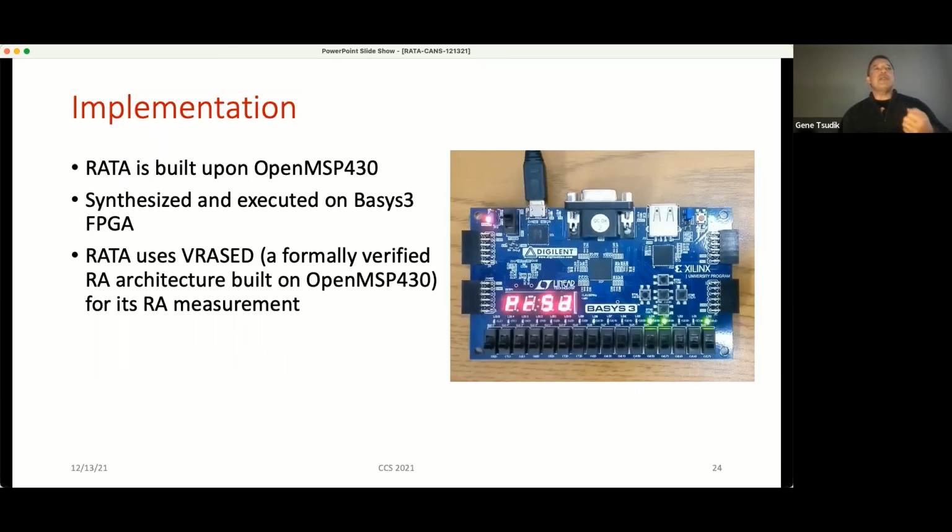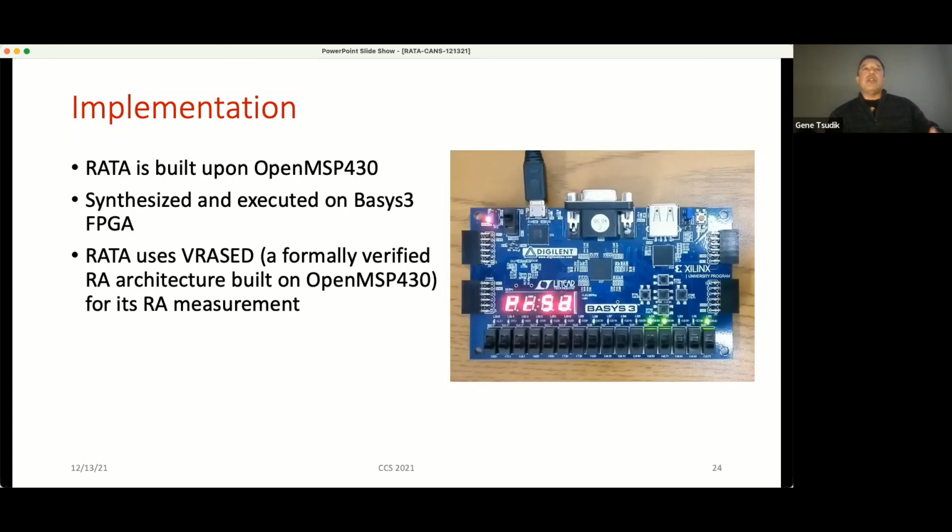So the LMT does not somehow agree with the last time it legitimately performed attestation, or it legitimately modified the attested region. But then when the verifier finds that something bad has happened, it needs to actually perform the real attestation, that is, compute the actual cryptographic function over the entire memory, perhaps in order to determine what kind of malware has infected the prover. And so that requires the actual remote attestation architecture, which I did not talk about that much so far.